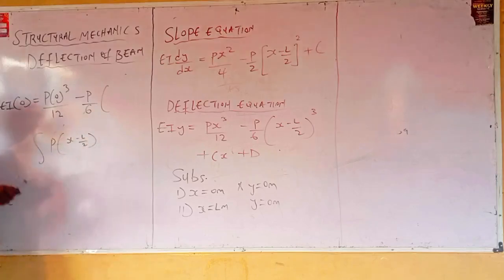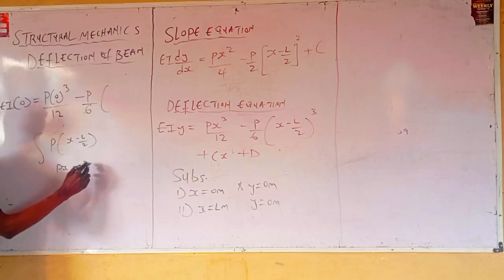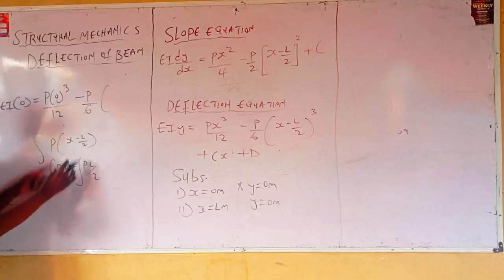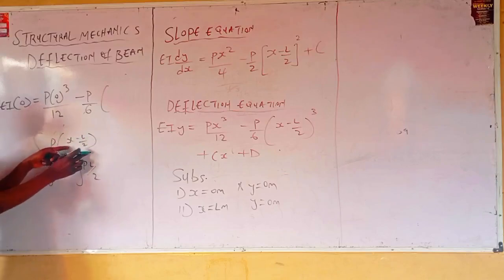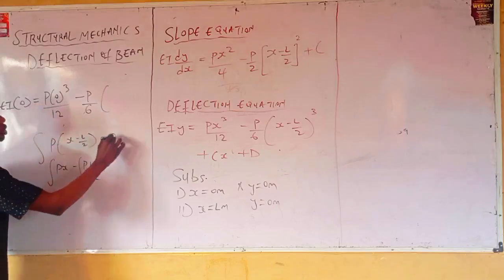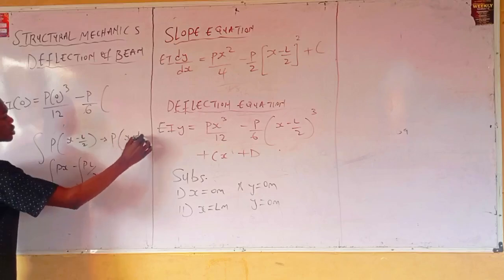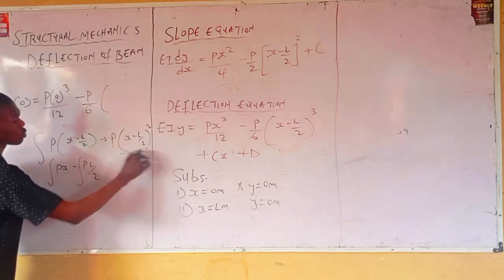But in this case, how do we integrate? Instead of separating by saying Px minus PL over 2 and performing the integral, we integrated this bracket as a whole, meaning my integral becomes P all into brackets x minus L over 2 square over 2.